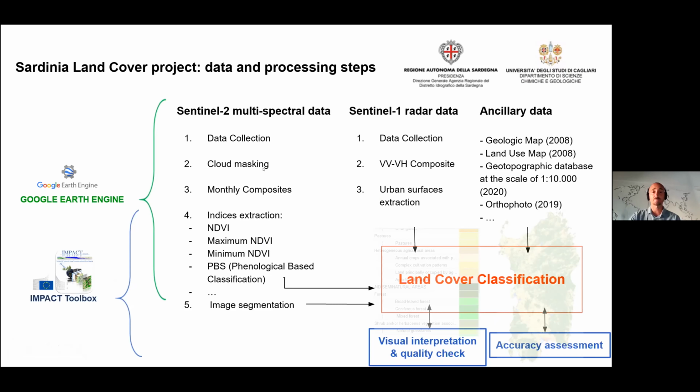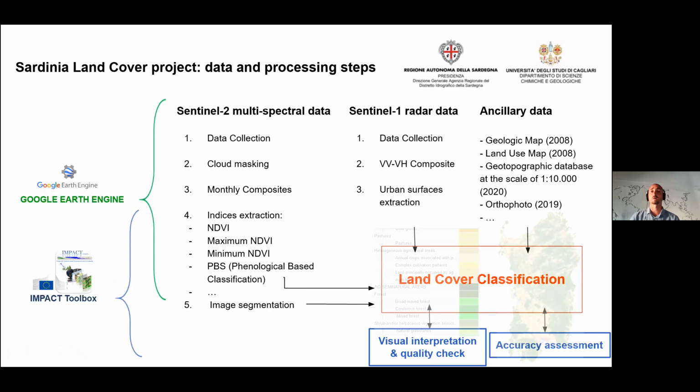Masking for cloud, because of course cloud is always an issue for optical data. Creating monthly composites, most likely cloud-free composites, and also extracting several indices like NDVI, NDWI, phenology-based classification, and so on.